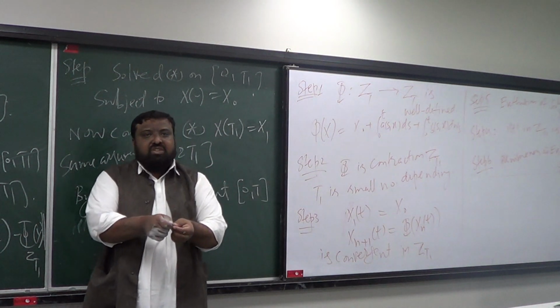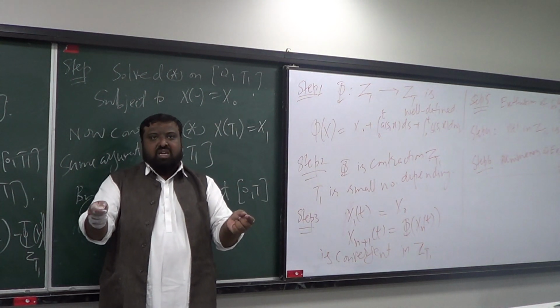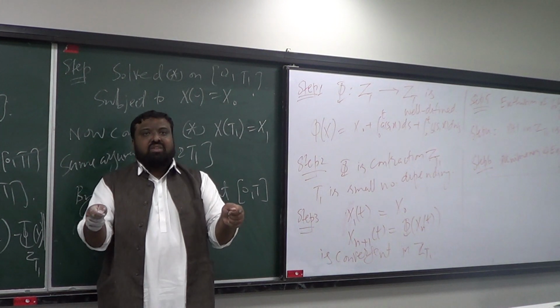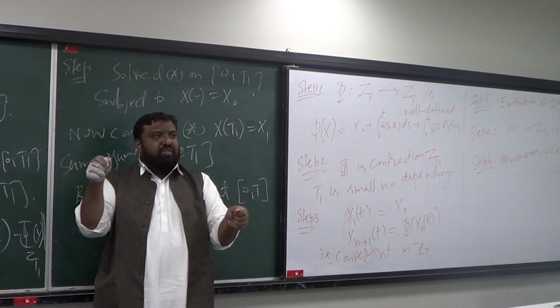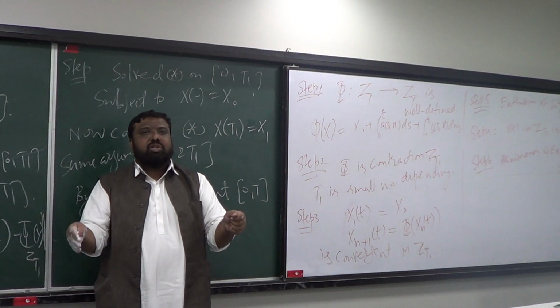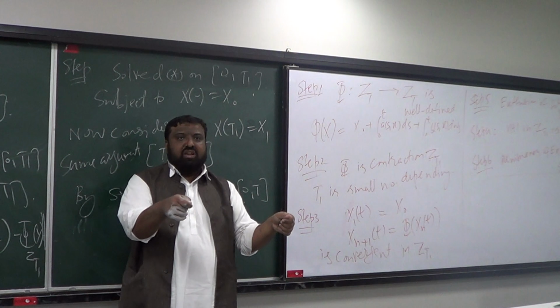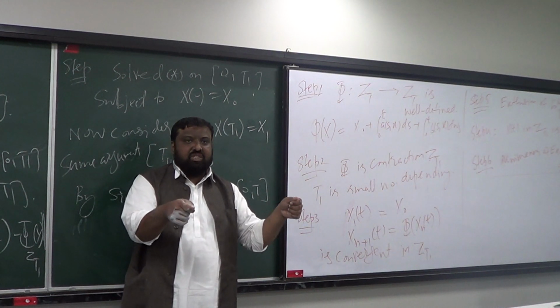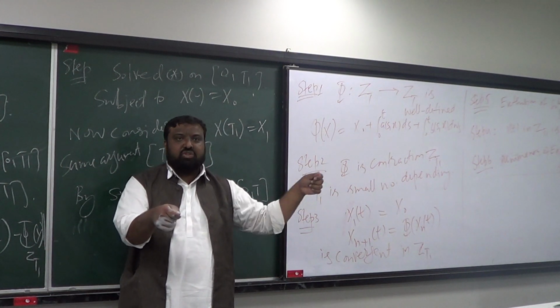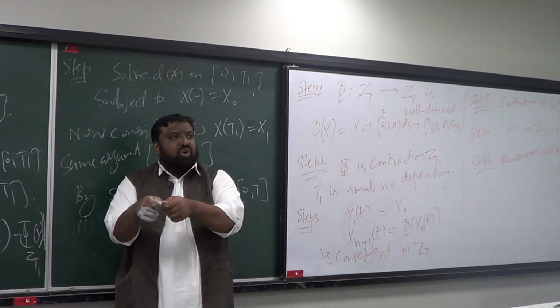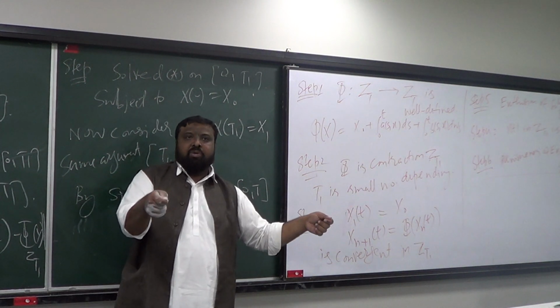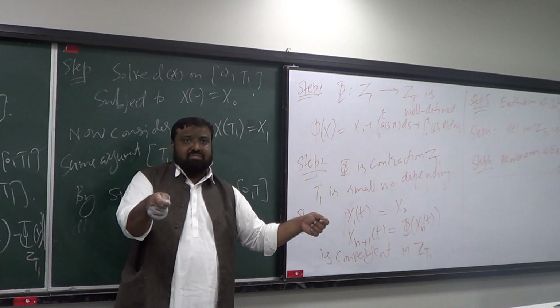So you have this solution on 0 to t1. This solution enables you to construct another solution actually onto the interval t1 to 2t1 actually, and so on and so forth. So for all these solutions, the triggering point is really x naught actually.